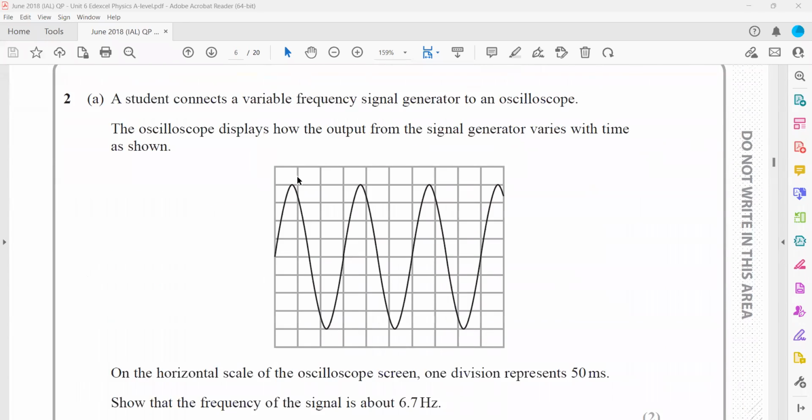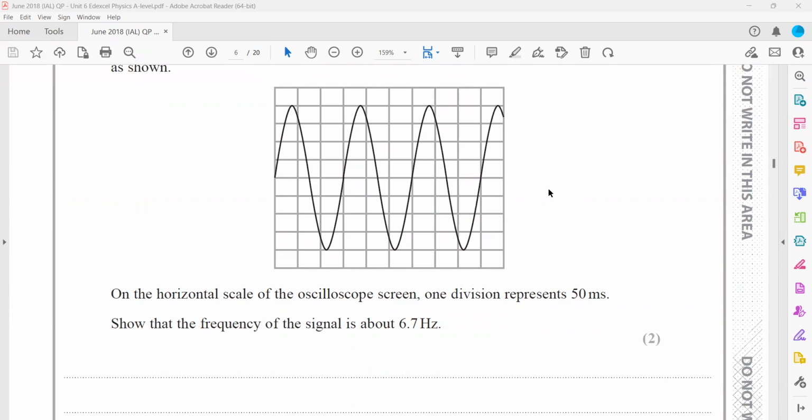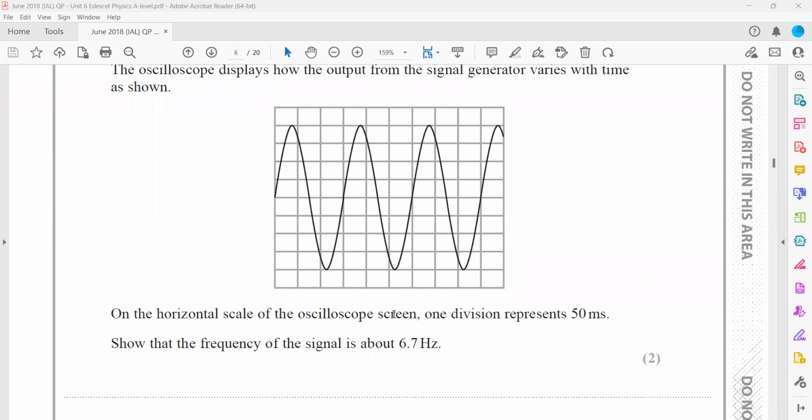In question 2, a student connects a variable frequency signal generator to an oscilloscope. The oscilloscope displays the output, which varies with time as shown. On the horizontal scale of the oscilloscope screen, one division represents 50 milliseconds. Show that the frequency is about 6.67 hertz. First we'll work out the time period. This is one complete vibration.